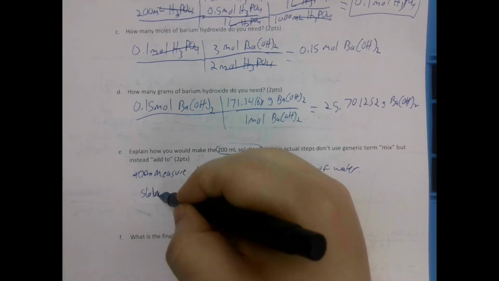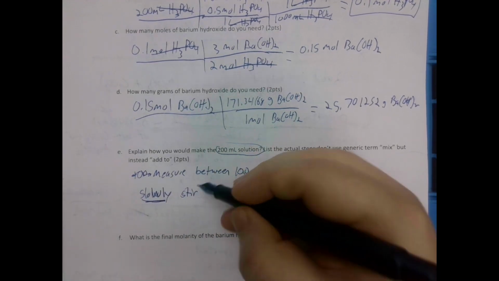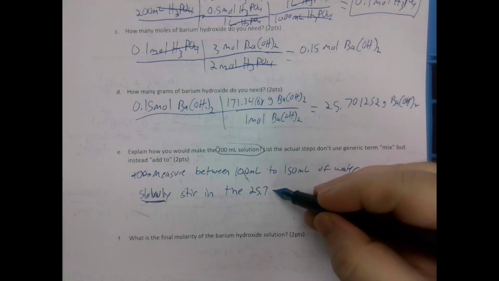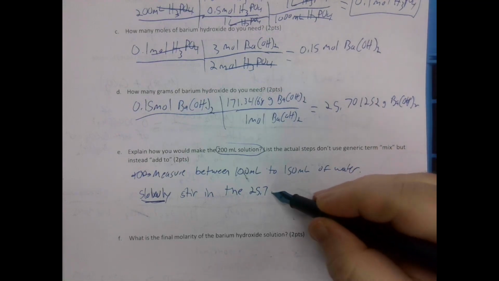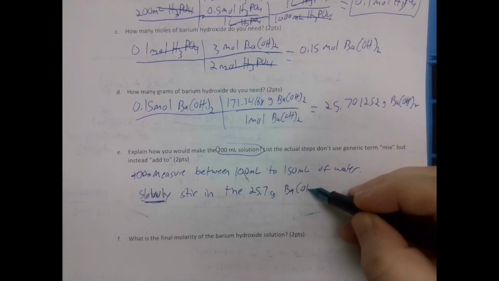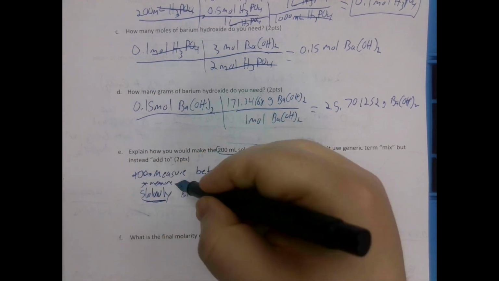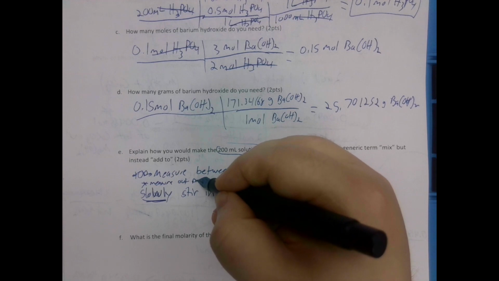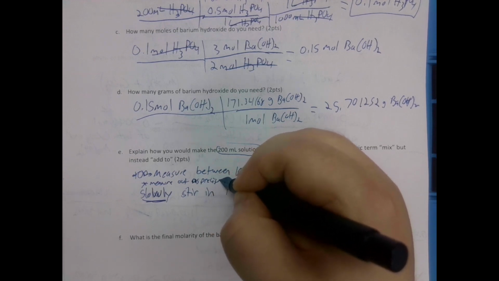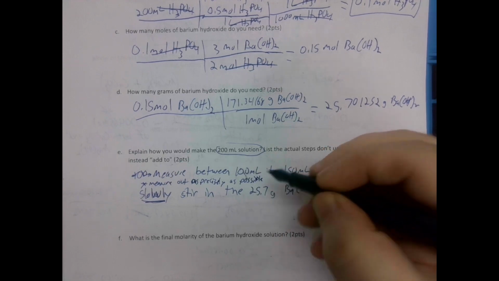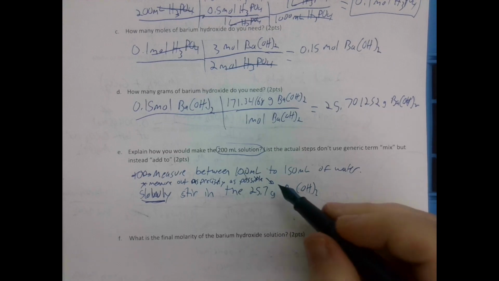Slowly, and the key word is very slowly and carefully, stir in the 25.7 grams of barium hydroxide. Well, first you need to measure it out as precisely as possible. So you measure this out.